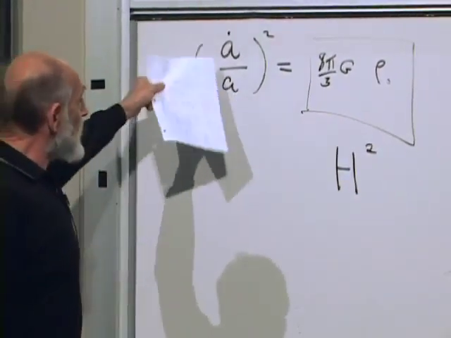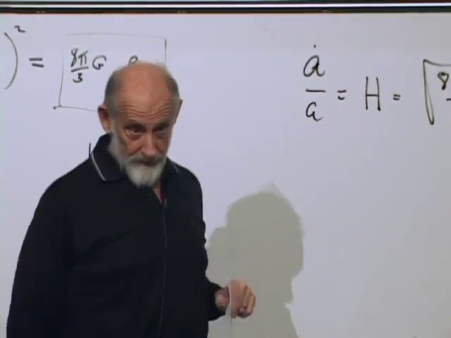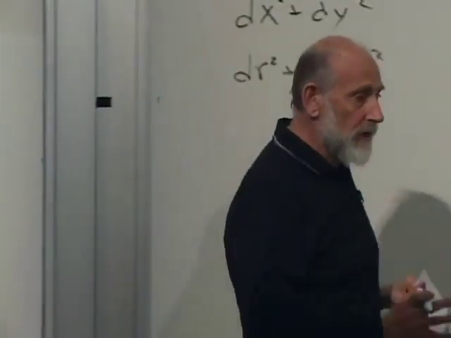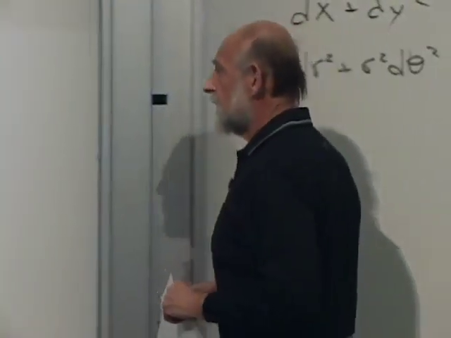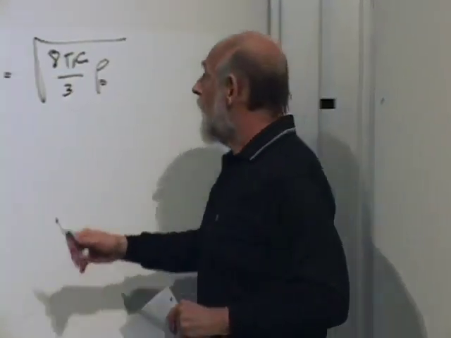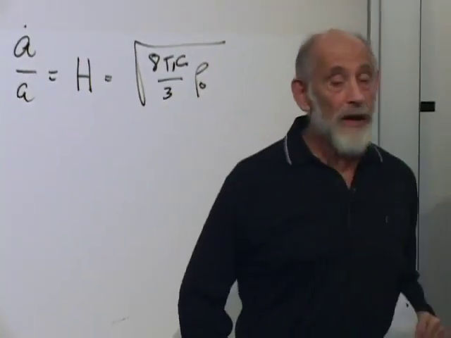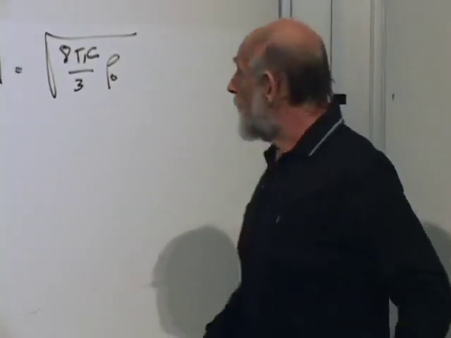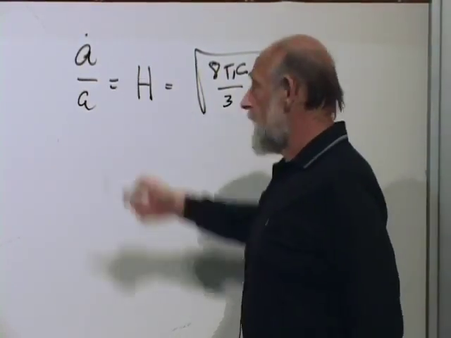Now, remember also that a dot over a is also the Hubble constant. So for this very special case where there is nothing but vacuum energy, the Hubble constant is truly constant. It doesn't change with time. If the Hubble constant doesn't change with time, what does that say about a?